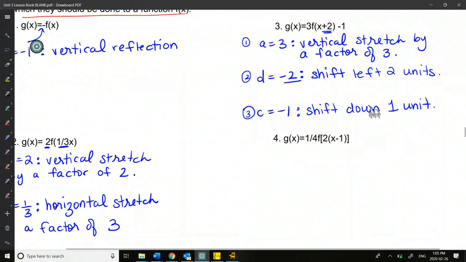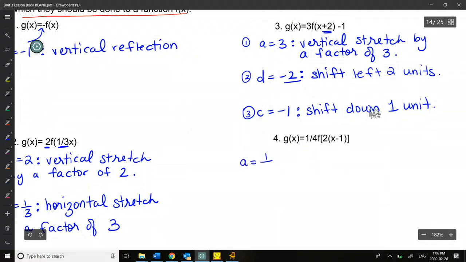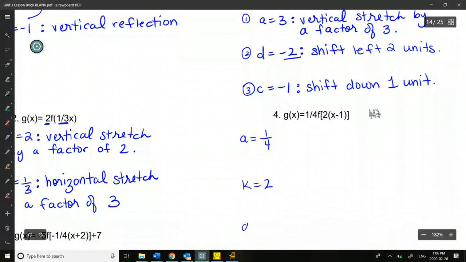Okay, number 4, A, K, D, C, what do we have? Charlie? Perfect. And I like that you switched the sign of the D value as well, so that's good. Okay, what do each of these things do to our parent function? Who wants to do A for us?